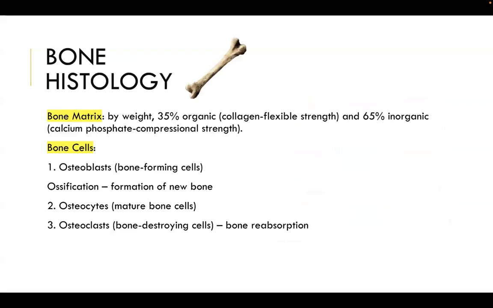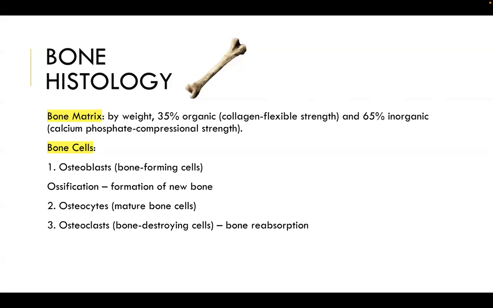So let's talk about bone histology for a second. Remember, histology is the study of tissues. So we're just going to talk about bone tissue for a minute. The bone matrix is the part of the bone tissue that forms most of the mass of bone. It's comprised of organic and inorganic substances.